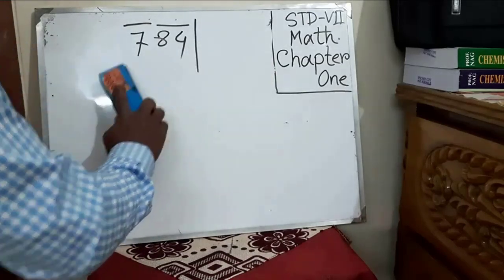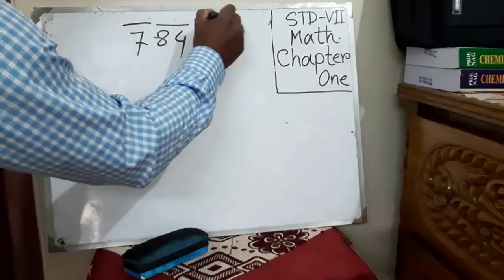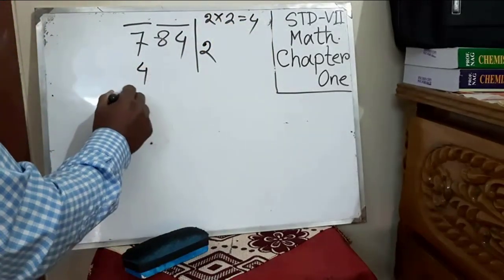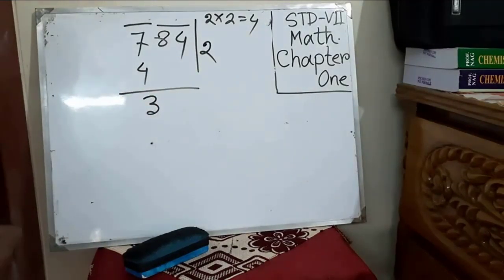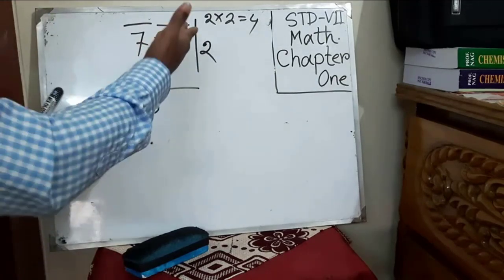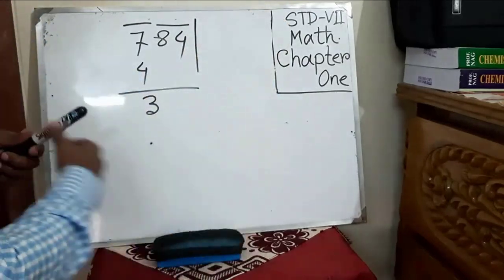It can be 2. Suppose this is 2, so 2 times 2 is 4. We can write 4 here. If we subtract, we get 3. So to remove the confusion, you can use another digit here, so that you can be sure.